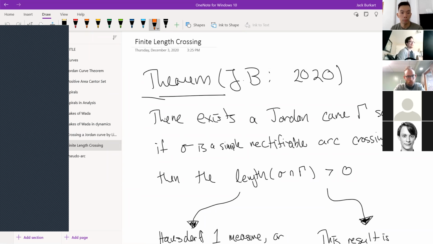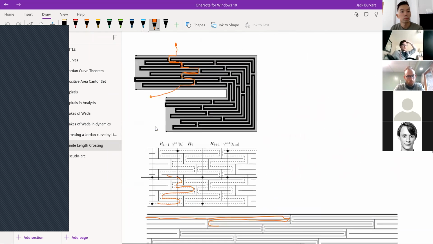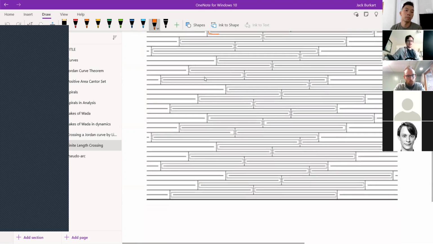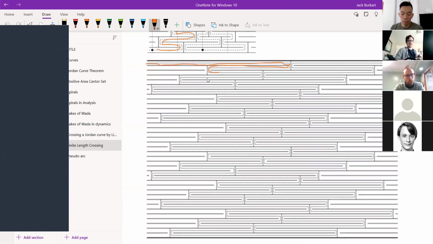I see. So sorry, is the Jordan curve the one with finite length? Sorry, the sigma is the one with finite length. Yeah, exactly. So for example, if this is my picture, this is some stage of my curve right here. The curve is going to be defined in a limiting construction, just like everything in this talk really was.